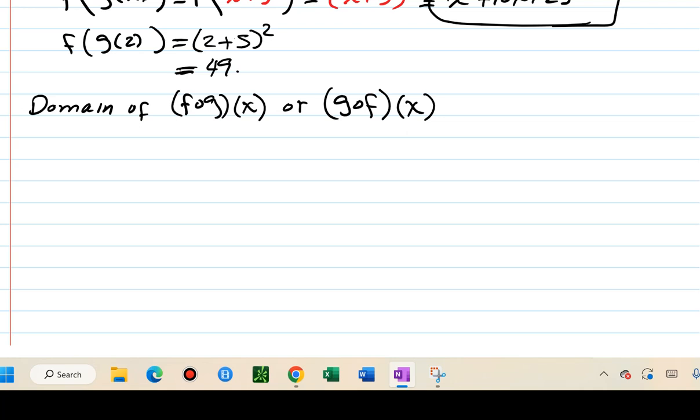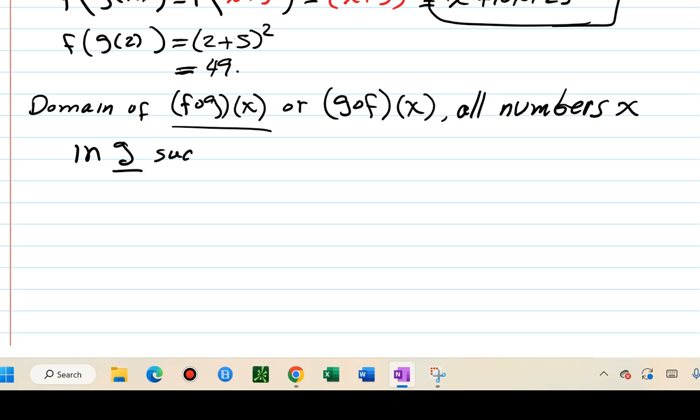So the domain of this is going to be all numbers x in the inside function. Remember f of g of x. For f of g of x, it's going to be all numbers x in function g such that g of x is in the domain of f.